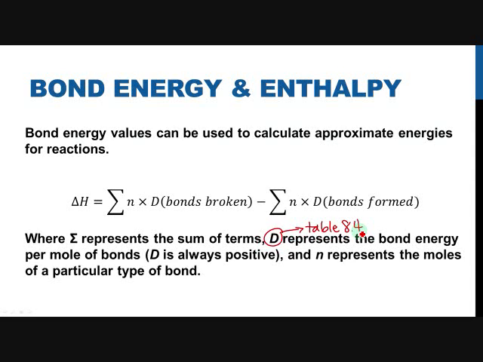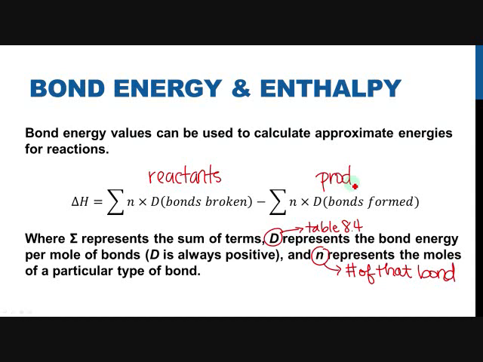And then N represents the moles of a particular type of bond. So N is the number of that bond. It's important to notice here, and this is backwards from most things that we have, that the bonds broken represent the reactants, and the bonds formed represent the products.